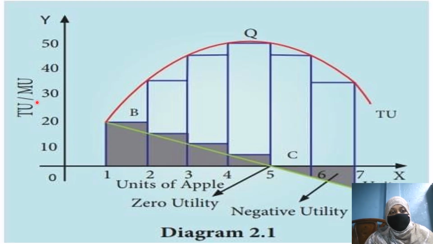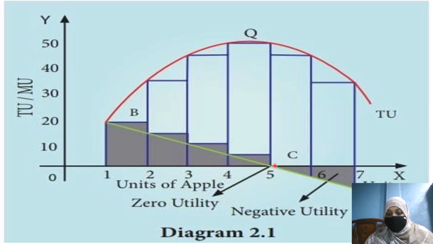But if you see the marginal utility, this gray shaded area, this is marginal utility. When he is consuming the first, it is high, then it is low. Second apple, it was only 15. Then third apple, it's even lower. Fourth apple, he was okay. Fifth apple, he has no utility.